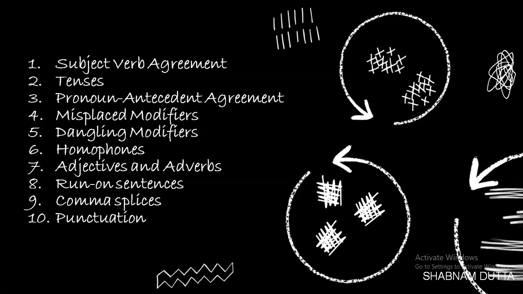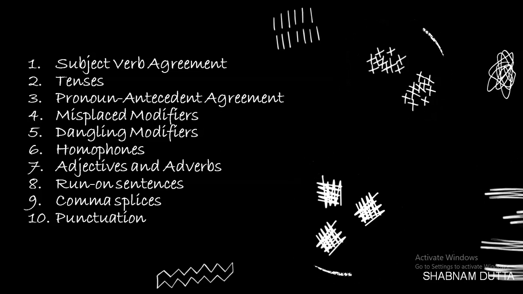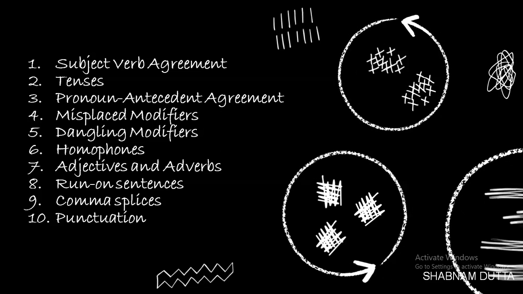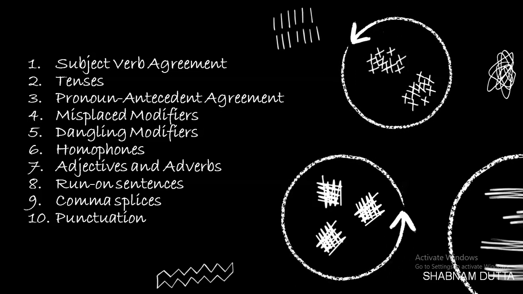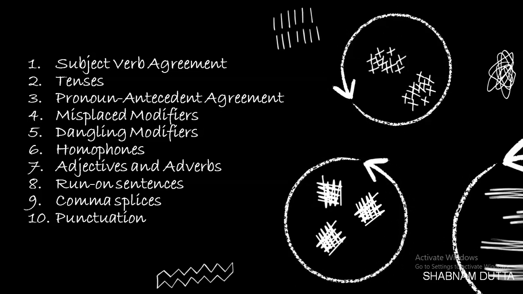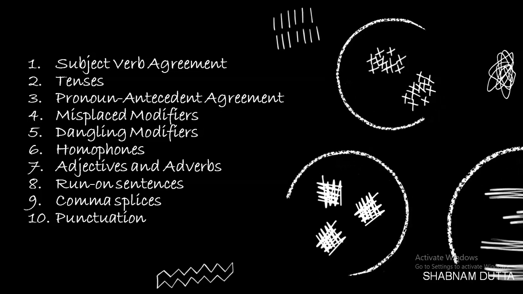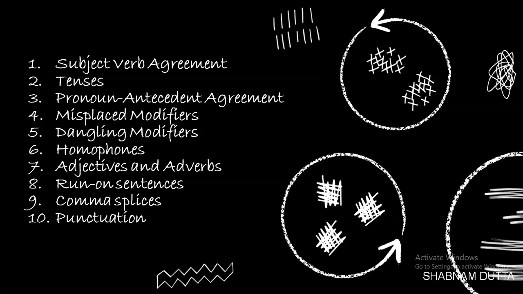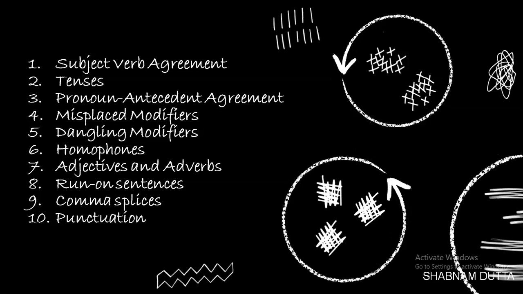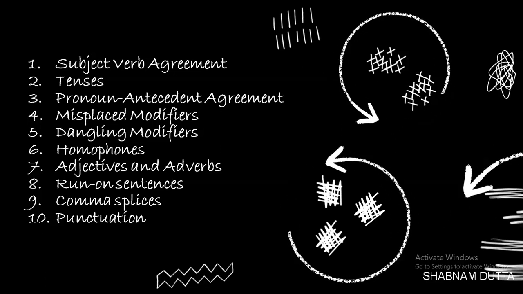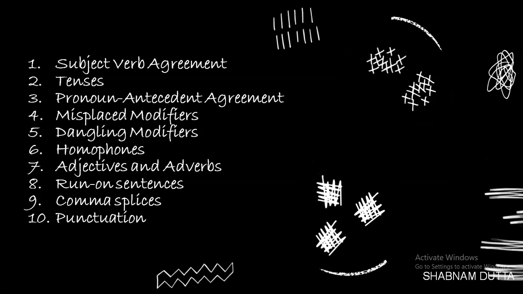Number 6, homophones. Number 7, adjectives and adverbs. Number 8, run-on sentences. Number 9, comma splices. And number 10, punctuation. Now, let's understand each error one by one and delve deeper into the concepts.